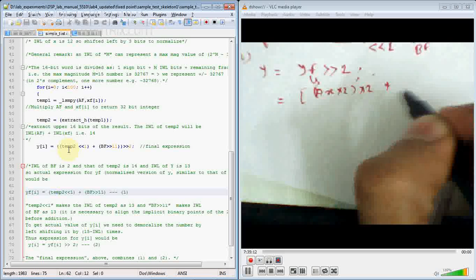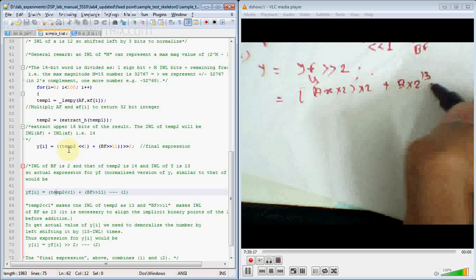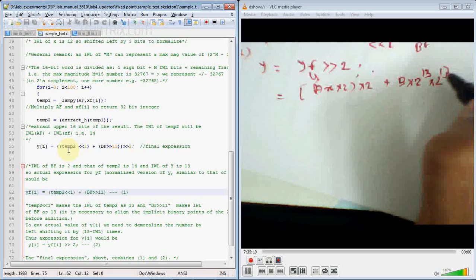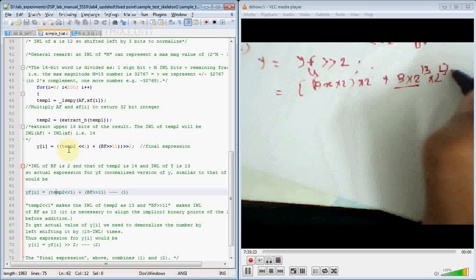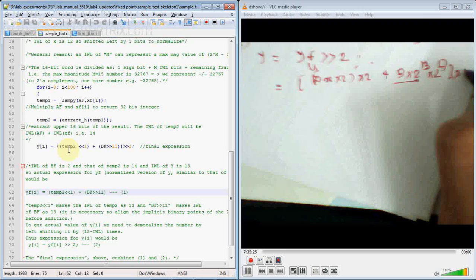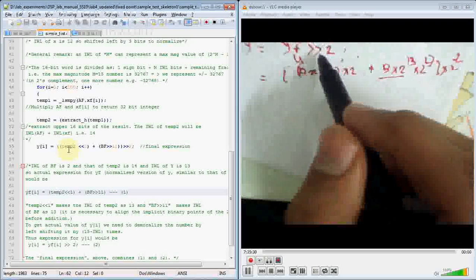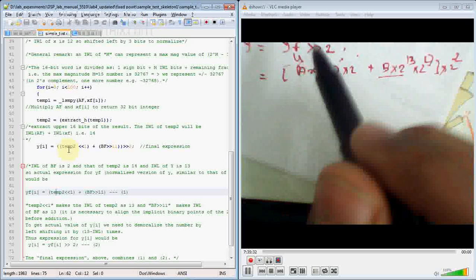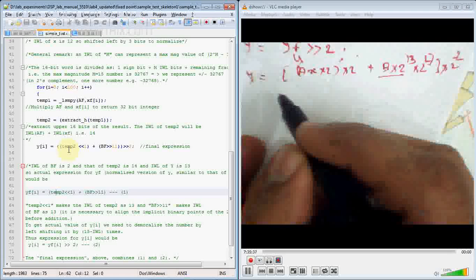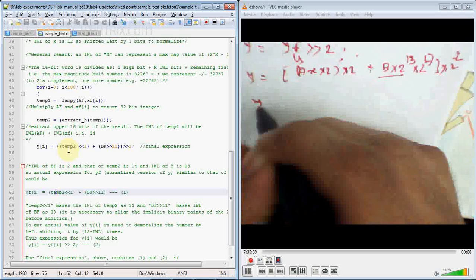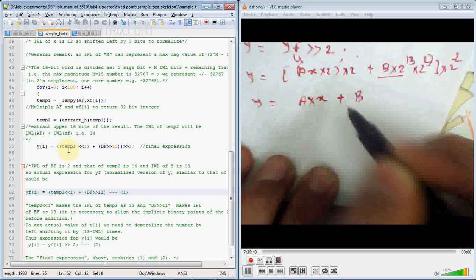If we replace y of f with the above expression, a multiplied by x multiplied by 2 multiplied by 2 plus b multiplied by 2 power 13, multiplied by 2 power something that we don't know. We will figure out shortly how to calculate this value, and again multiplied by 2 power minus 2, since we are shifting it right by 2.